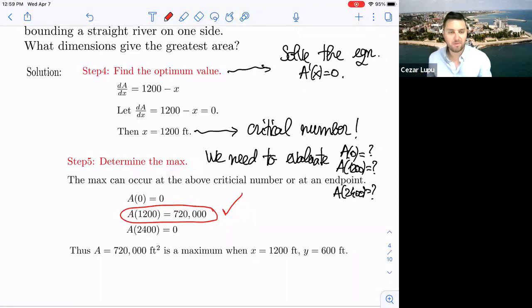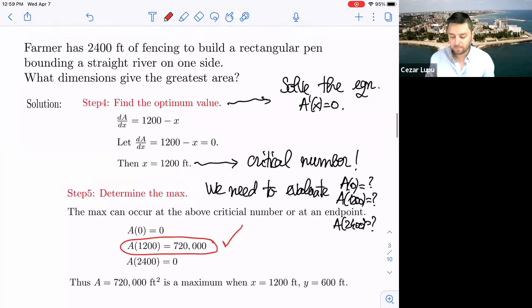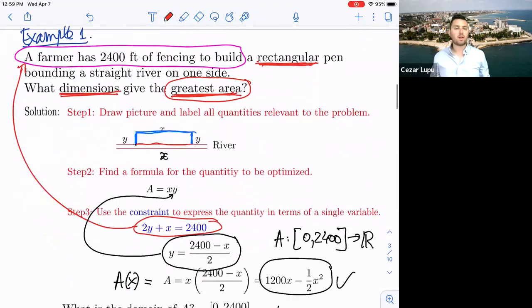Let's do one more example. In fact, let me go back a bit and explain the philosophy. You have a fence to build, and this fence looks almost like a rectangle, almost, because it's missing the bottom. That part is missing because it's bounded by a straight river on one side. So that's another thing to take into account.